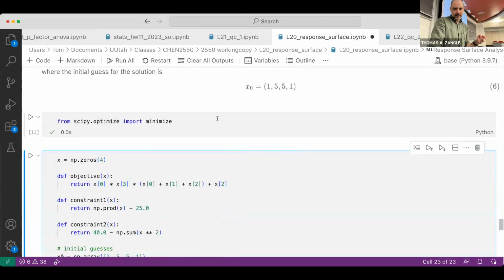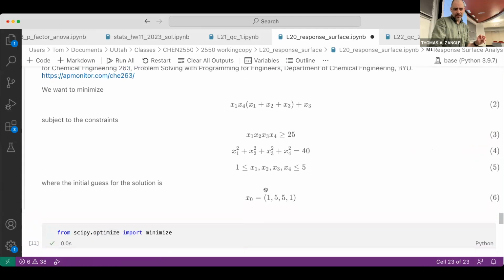My guess would be that this function does not satisfy our constraints. It satisfies this constraint. Yeah, so what's happened here is that our minimum does not satisfy our second constraint.